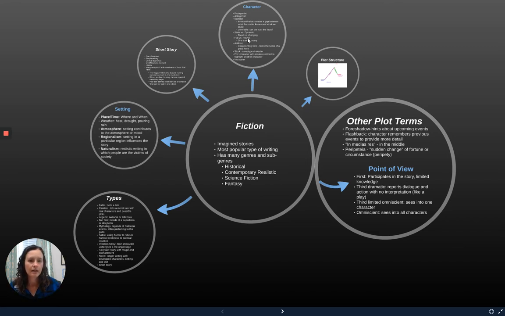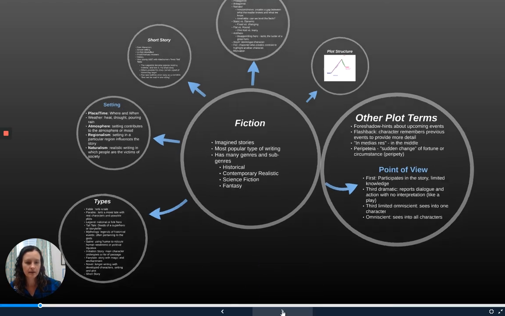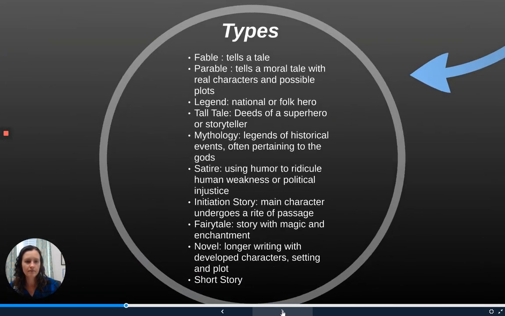So let me go on here. Some of the other types, things like fables, which we grew up listening to as kids, parables, like the ones Jesus uses when he teaches, legends, like Paul Bunyan and other great folk heroes, tall tales, mythology. If you love Greek mythology, that would be a type of fiction.